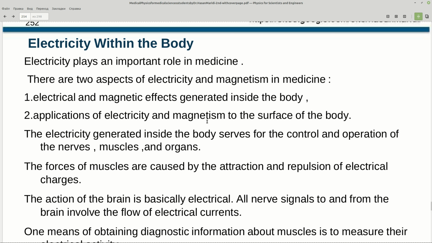So you have pluses and minuses, different signs of the charges, on the inner and outer surface of the membrane.